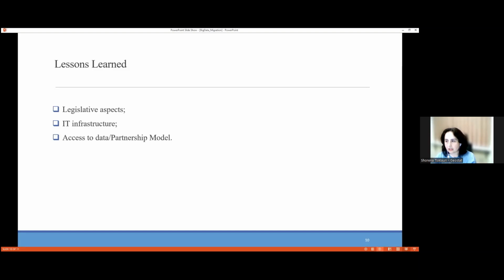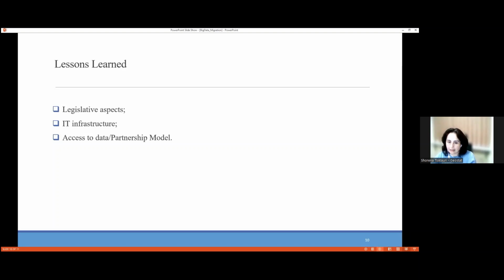So the legislative aspect is a very important and challenging factor when we are starting to use MPD for official statistics. At the same time, statistical offices must think about a very good IT infrastructure, which is also a crucial factor.